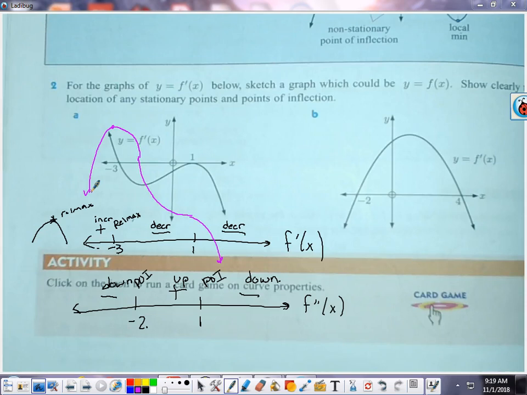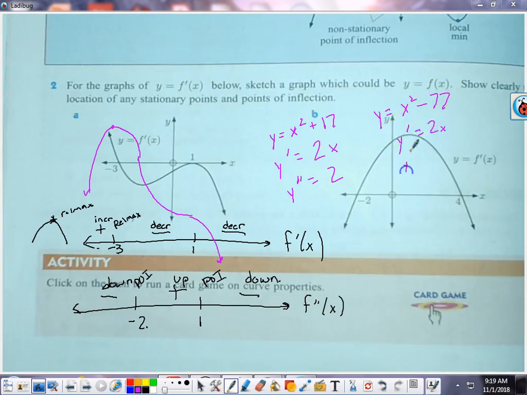So if you think about, I'm going to do it with something simple, but say you had like x squared plus 17, and you took the derivative, it'd be 2x, and you take the second derivative, it'd be 2. Okay? Well, if I had y equals x squared minus 77, I would have the same derivative, and I would have the same second derivative.